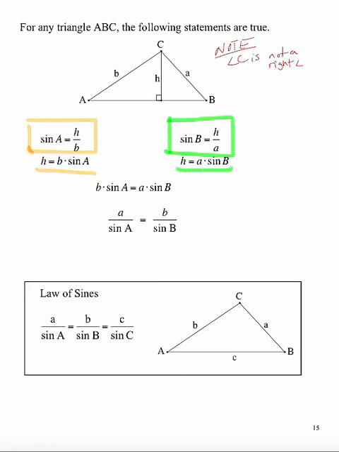Since both of those equal h, the transitive property says cut out the middleman, and those two things, b times the sine of A equals a times the sine of B. I rearranged that a little bit to say a divided by the sine of A equals b divided by the sine of B. And this is what we call the law of sines.